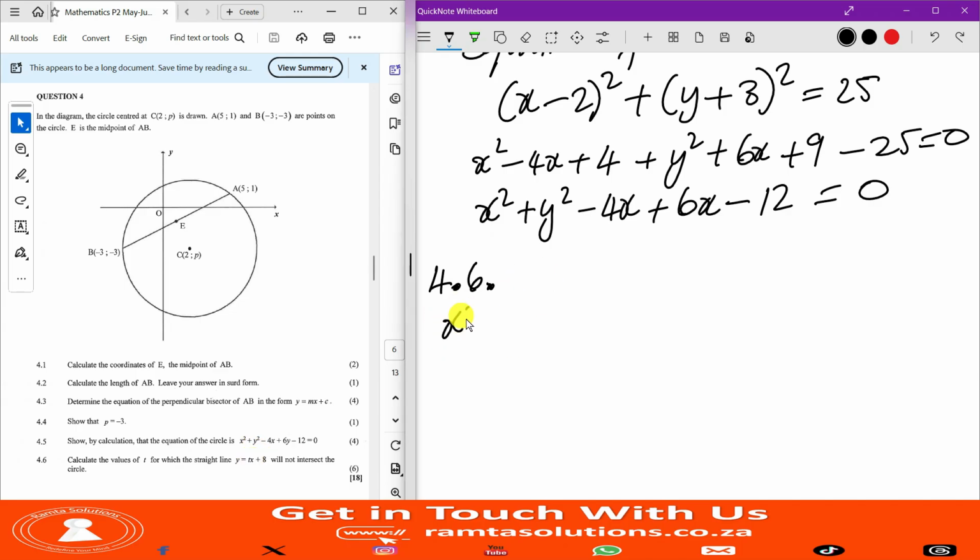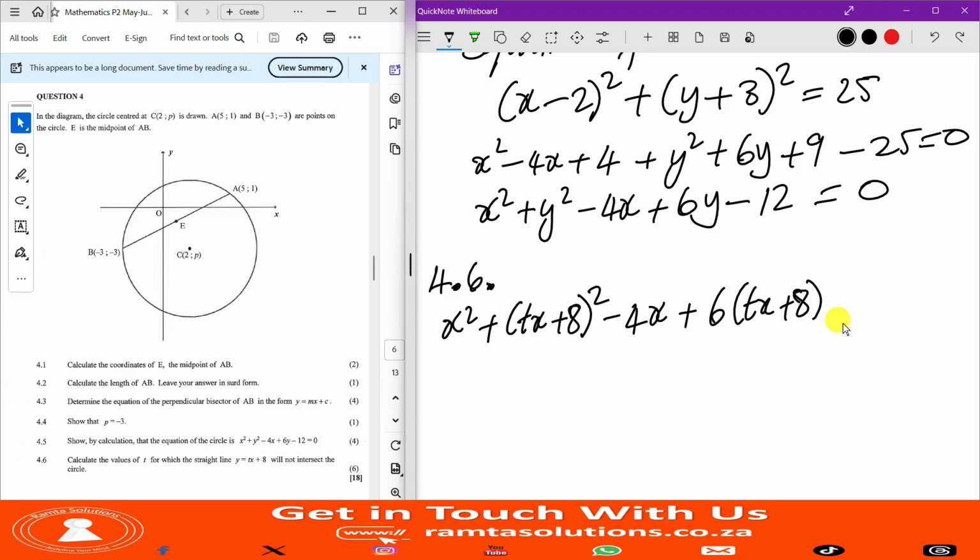So x squared plus (tx plus 8) squared minus 4x plus, oops, this is supposed to be 6y. Plus 6 times y, remember we put tx plus 8, minus 12 equals 0.